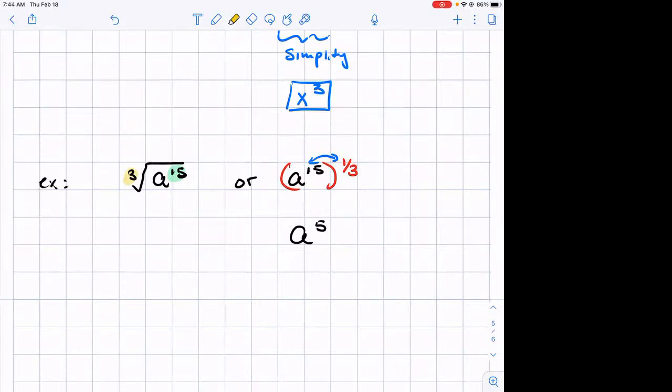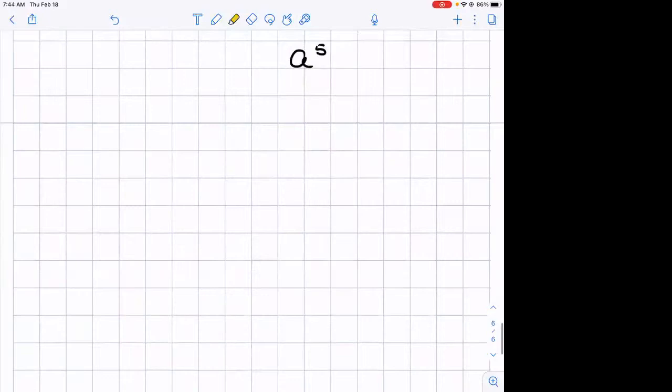Now, what happens if that number is not divisible by the index? And that's where the simplification of radicals comes in. Well, if we have an example, simplify.